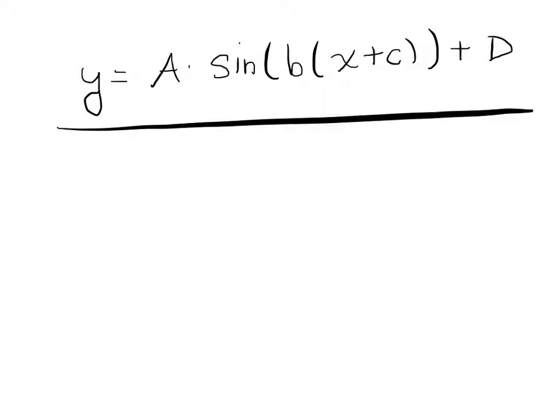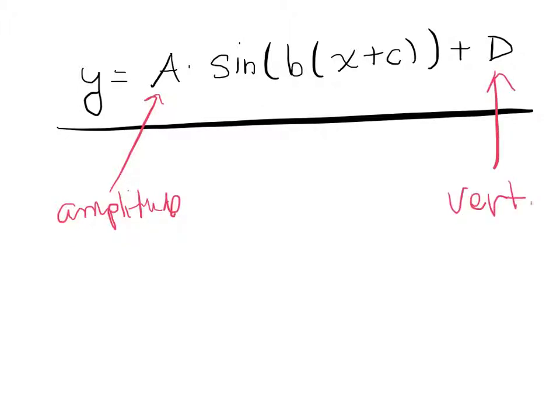So here's the most complicated way of looking at this. And all we'll do right now is just talk about what these constants do. So this affects the amplitude. And this is a vertical shift. And they both affect y values.